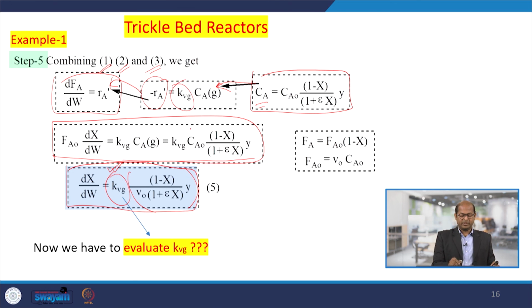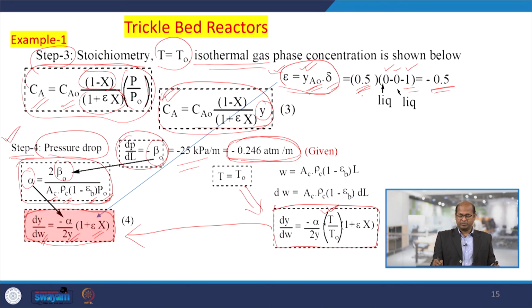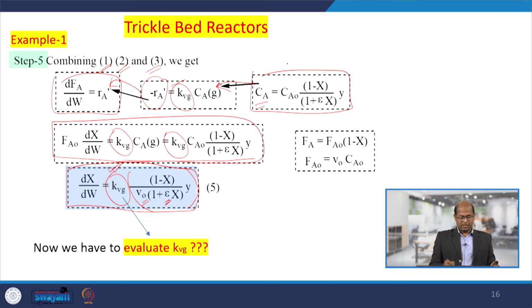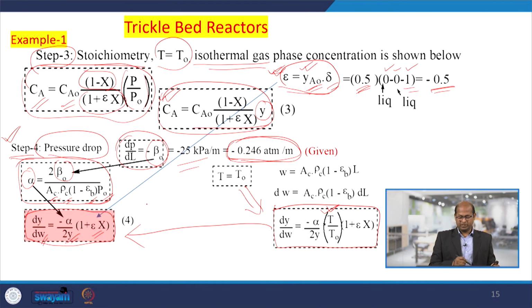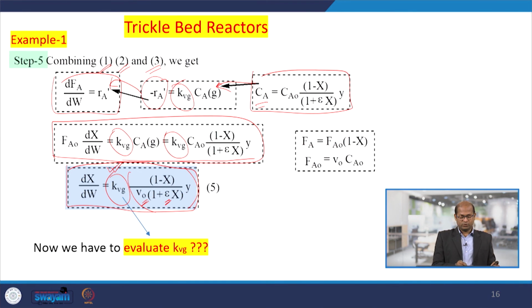And here these parameters, V0 and fractional volume change, are known components that you have already discussed how to find, and the V0 value is also given for this particular system. So, equation 5 is the ordinary differential equation that we can solve, means conversion with catalyst weight. Okay. So, this is the equation.